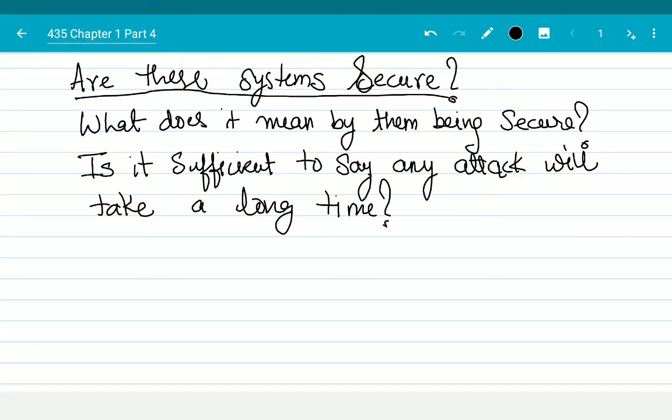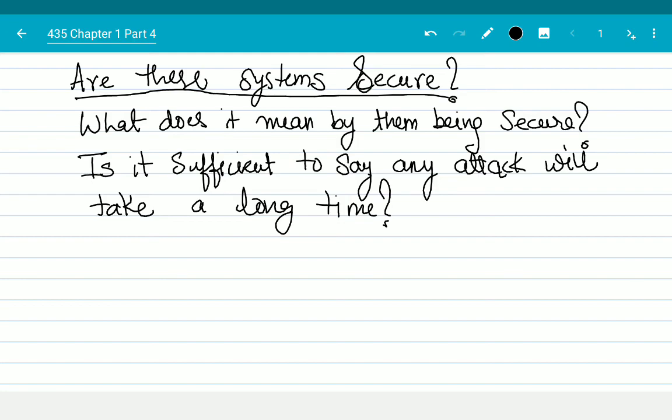Are we claiming that a system is secure if and only if any message that we send cannot be decoded unless you try, for example, brute force and work through everything, and it should take you a substantially long time to figure it out, right?